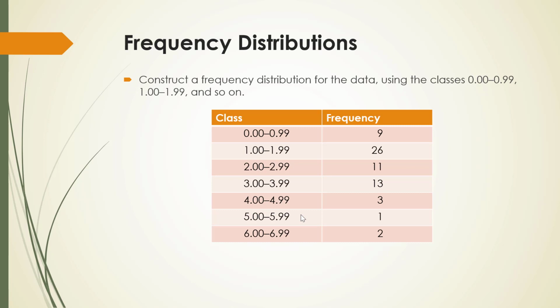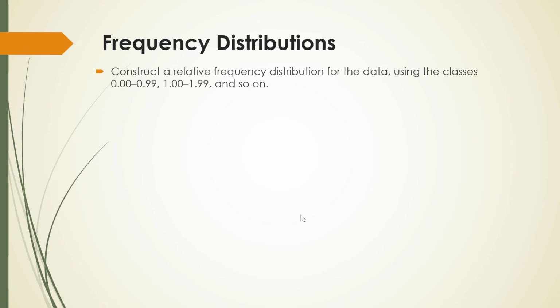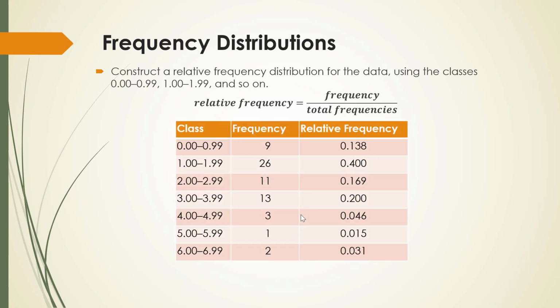Similar to qualitative data, we also have a relative frequency distribution for quantitative data. To construct it using the classes 0 to 0.99, 1 to 1.99, and so on, we follow the same rule we learned in the last video. The relative frequency is the frequency over the total frequency.